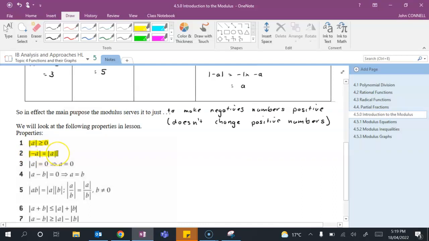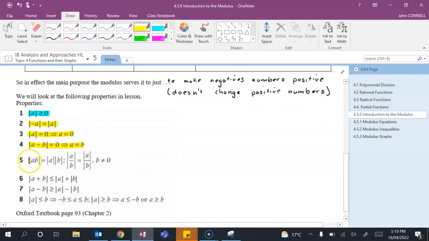We'll talk about this one in class, so perhaps I'll highlight that in a different colour, but we'll talk about that one in class, and this one, and this one. We'll talk about these, one of those, and 8 will come up later. But we will talk about some of those. Now 2, 3 and 4 are fairly straightforward. 5 and 6 require a little bit more work to think through.